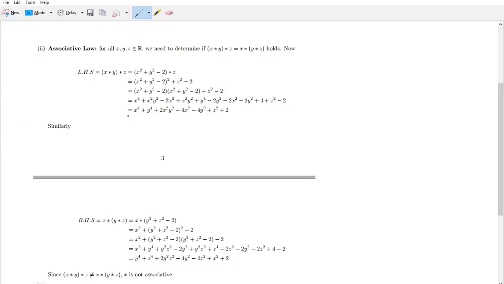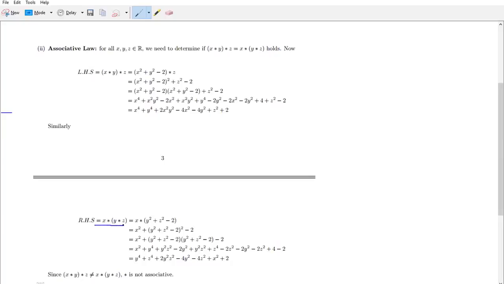This is what I'm trying to say. You solve your left-hand side, you get this answer. In the next part, you leave the x star outside and then you move the parentheses to the next two letters, meaning your parentheses will be on y and z. You're going to have this.